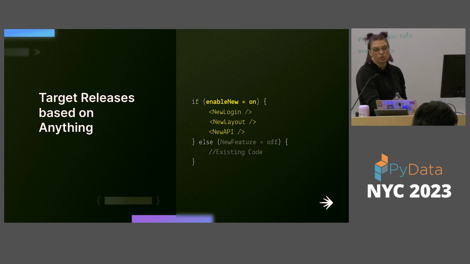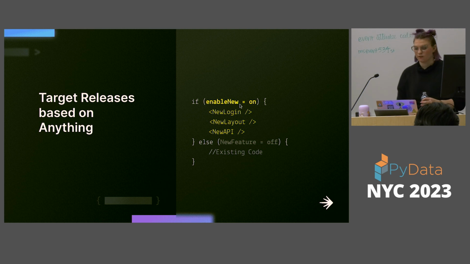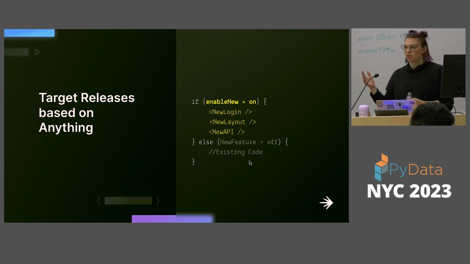It has what we turn on, and if it's not the new feature, it has the existing code. So you're keeping the existing code there just in case you ever need to toggle that off. And it does turn into a no-code type of thing once you've got it set up in your core database, passing it off to a PM in case you ever need to turn that on and off.